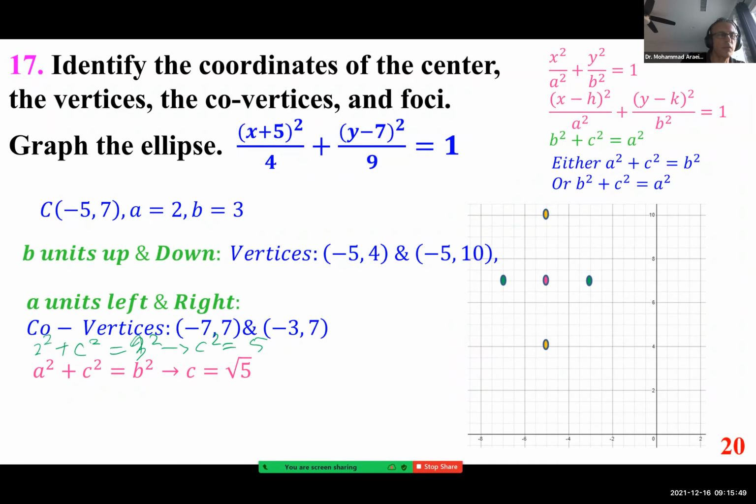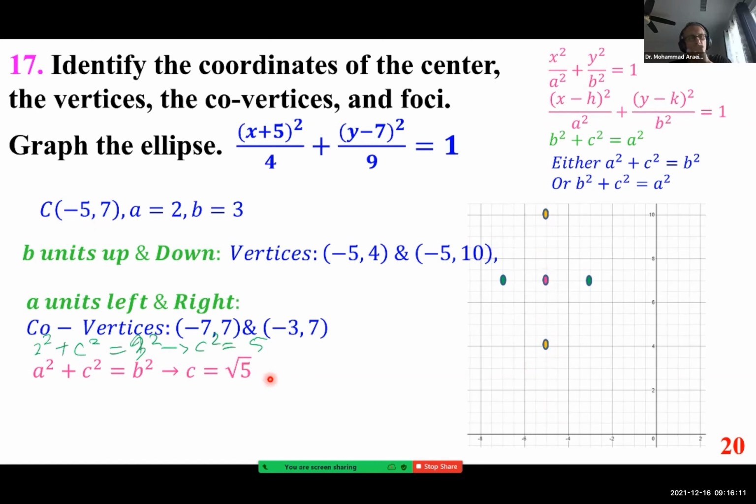Now, it's important for everybody to understand, again, we are talking about elongated along the y-axis. So those are the vertices, and therefore the foci are also along that. So you look at the center with the coordinates that you have, you calculated the value of C, you go up and down by C units.